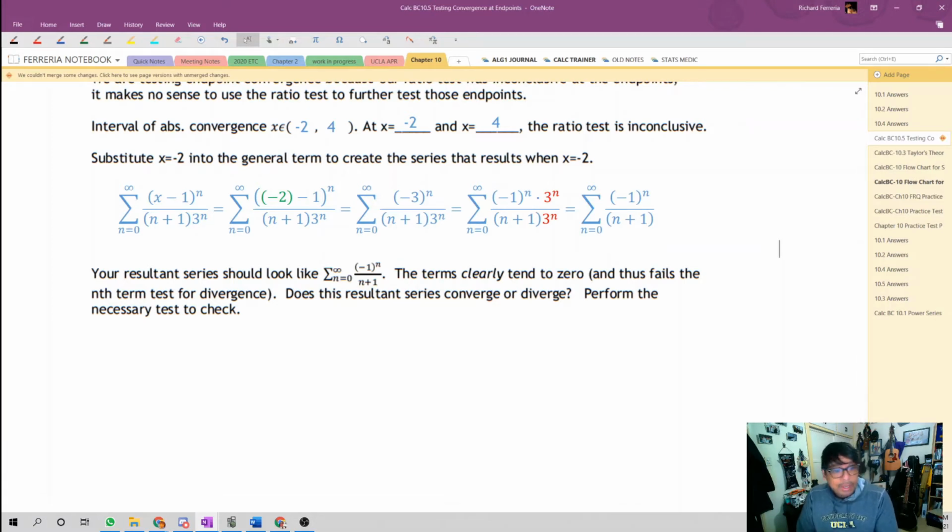The first thing that I would say is to make sure that the general term goes to 0, and it does, 1 over n plus 1. As n gets bigger, the denominator gets bigger.